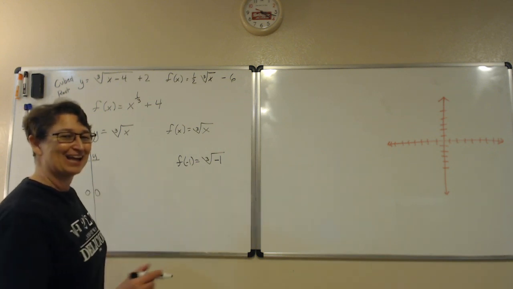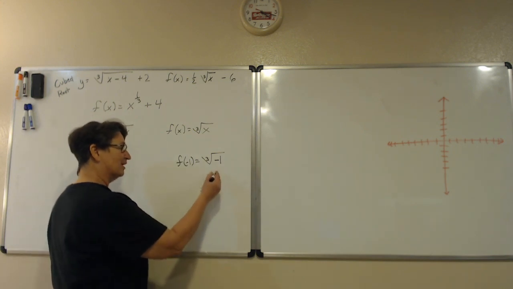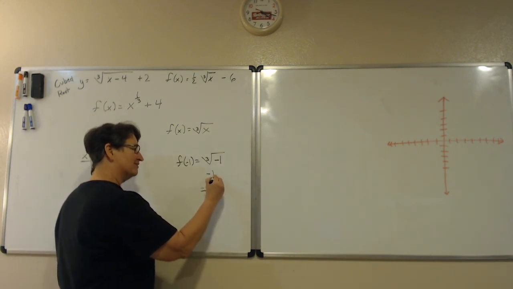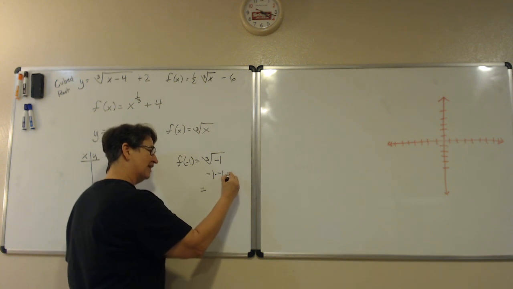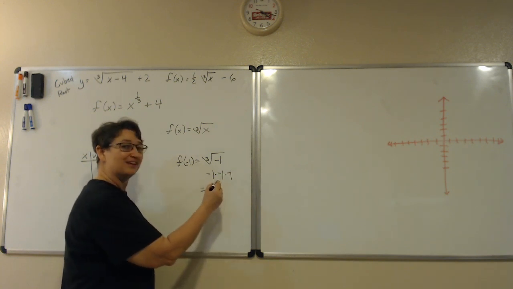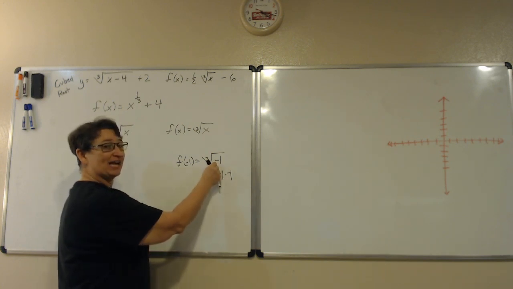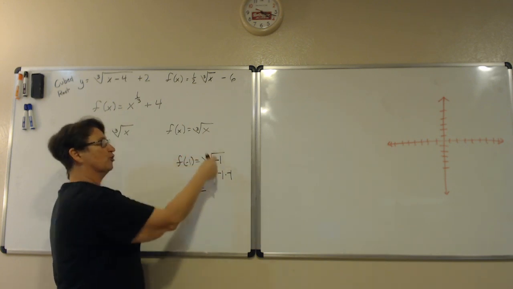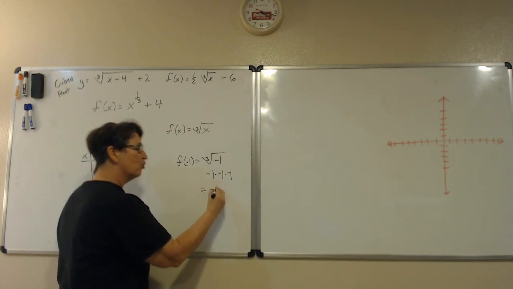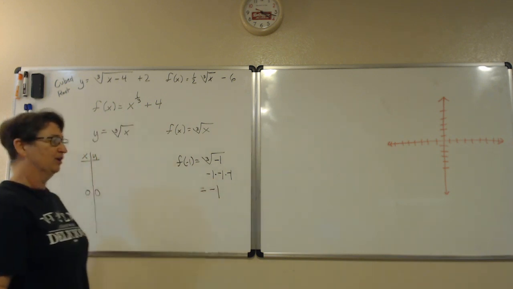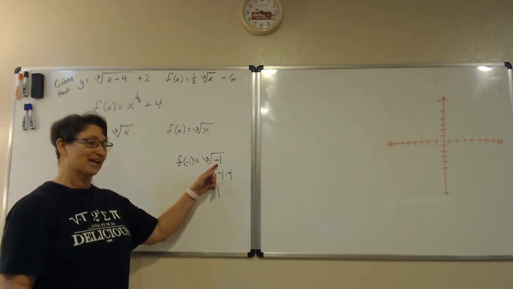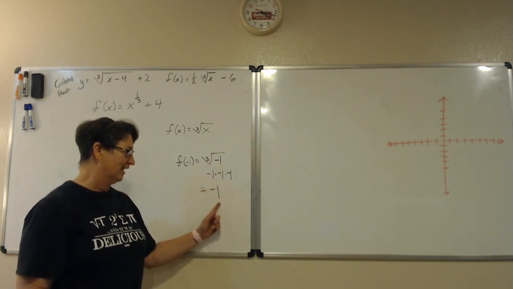And you are exactly right. That's fine, because -1 times -1 times -1 does equal -1. So it's okay to have a negative underneath the cubed root. I'm still going to get out a real number. So the cubed root of -1 is equal to -1.